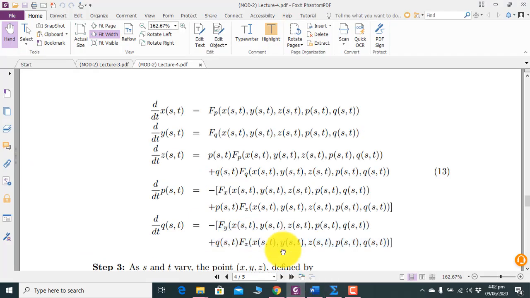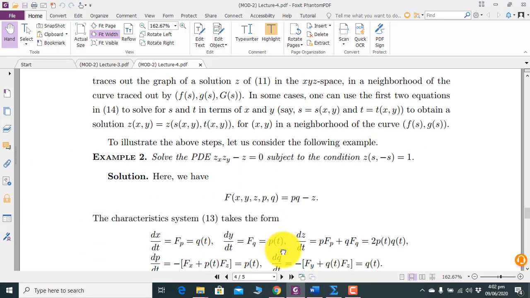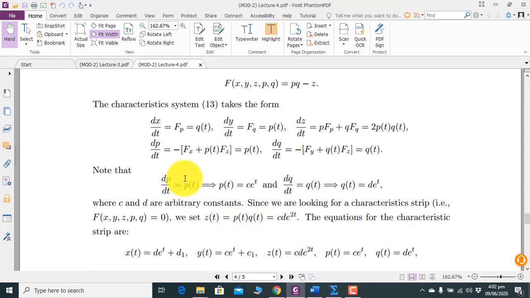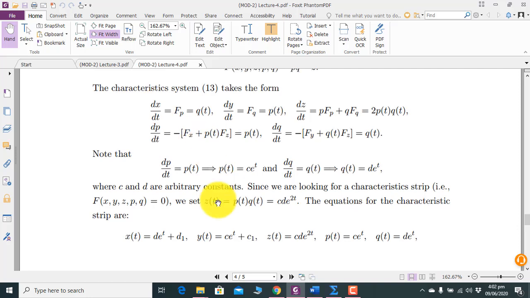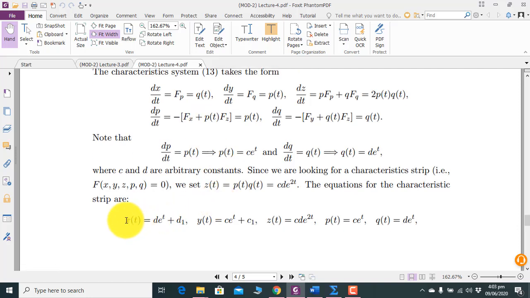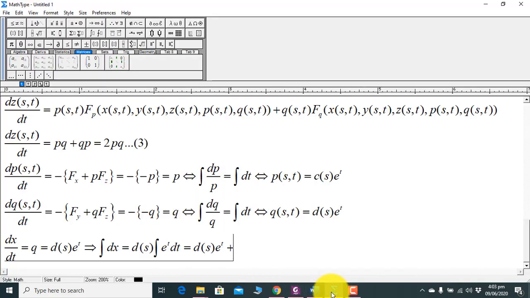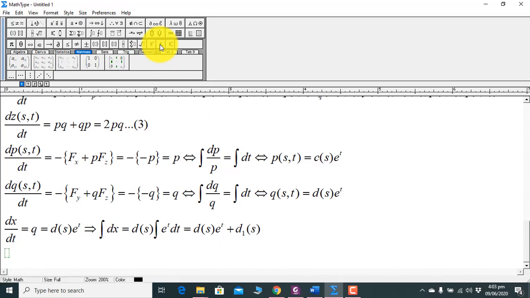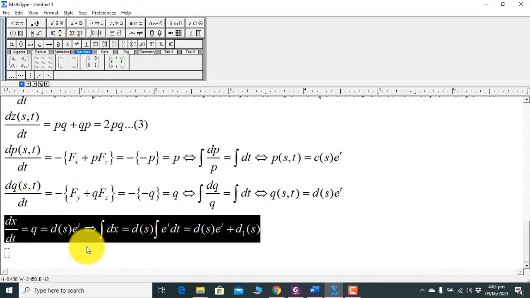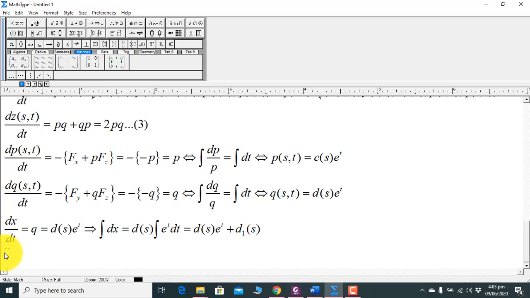Which I have named, because I want to name the same constants, otherwise in the slides there will be different constants. So I have named it as d1, the constant of integration of s. Similarly for y you can write the same thing but for c.